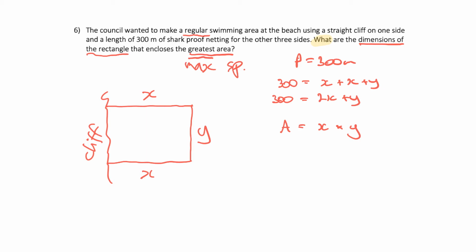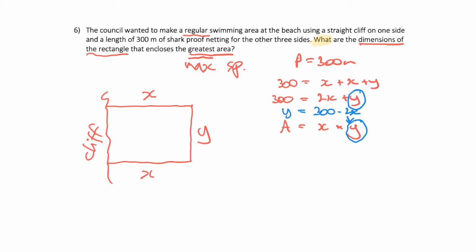So now we're almost doing like a simultaneous equation where I'm going to go to my perimeter formula above, and since I have got this singular y value there and the singular y value here, I'm going to rewrite this top expression to leave it in terms of y. So this means y is going to be equal to 300 minus 2x. Okay?